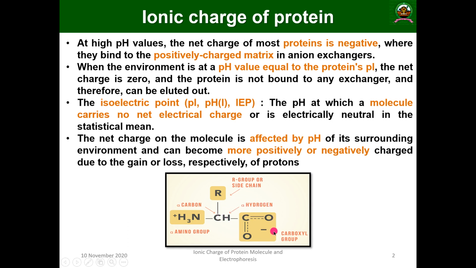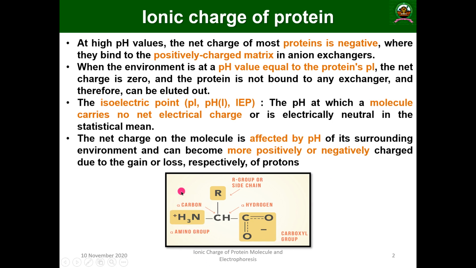Under appropriate conditions, deprotonation takes place from the carboxylic acid group, and that proton binds to the NH2 end, and protonation takes place. As a result, this becomes a zwitter ion.